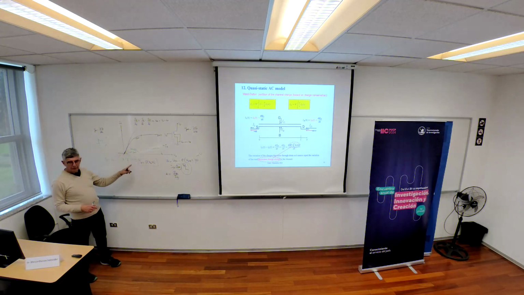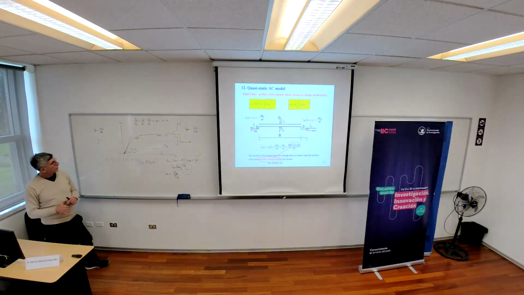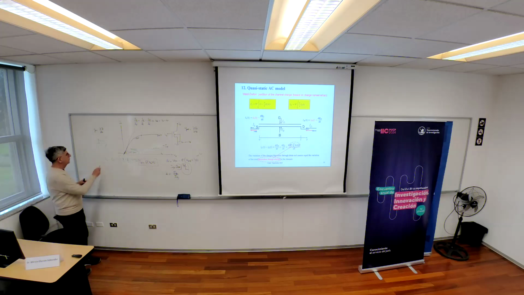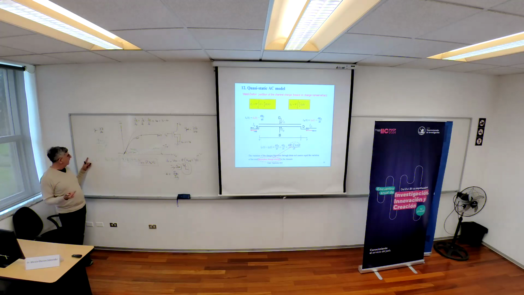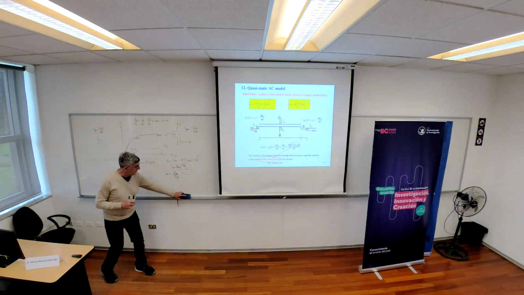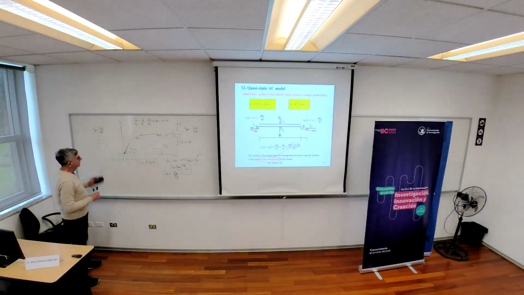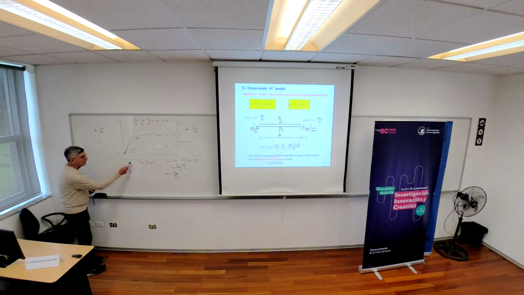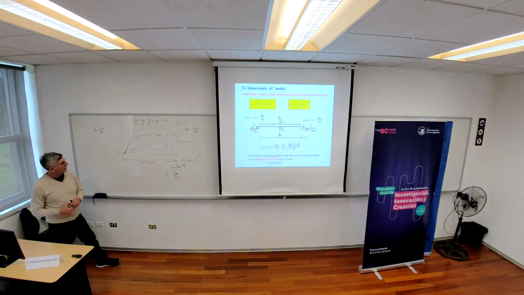This is the whole charge associated with the transistor channel. Maybe a W is missing here. Qi is charge density, so if you multiply by W and L you have the charge, for a uniform charge density. This integral is the charge in the channel.